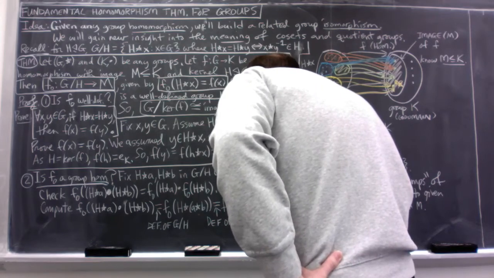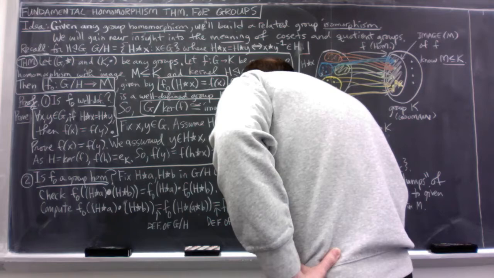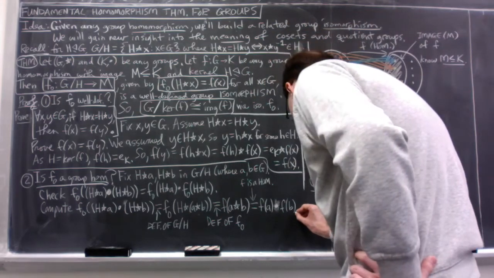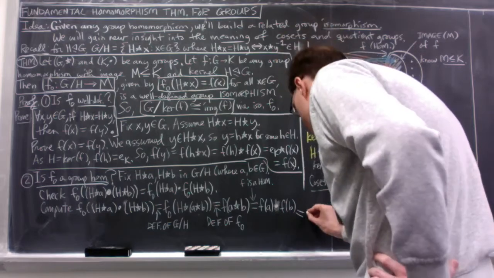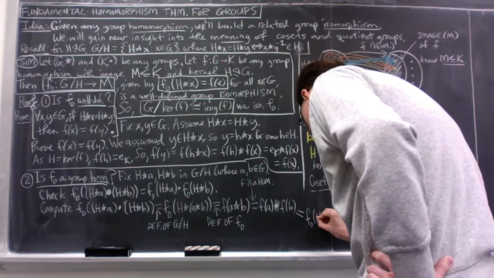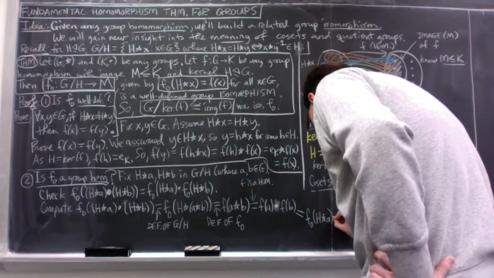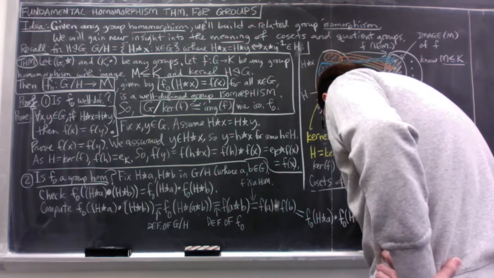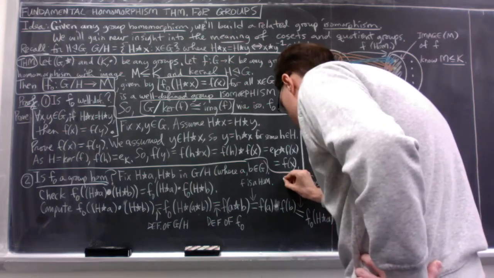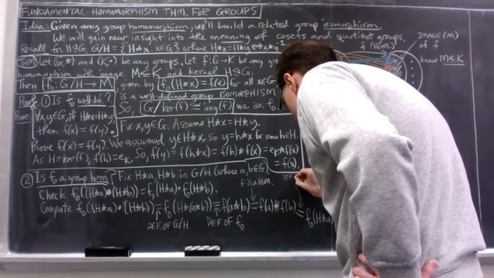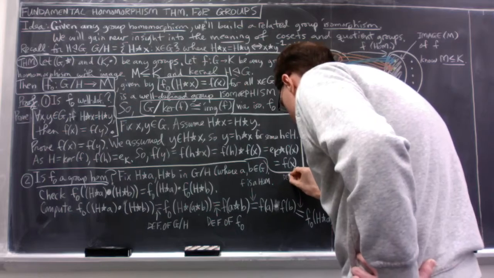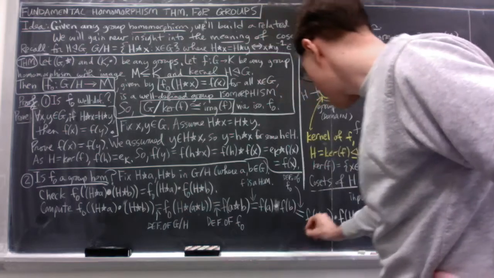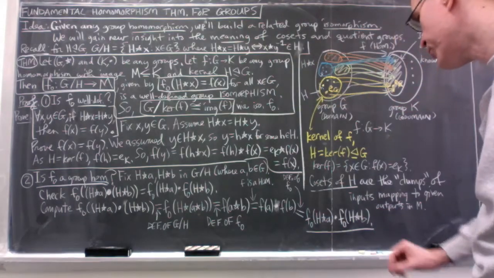Or rather dot, whatever the operation symbol is in K. And then finally, again by definition of f naught, that is f naught of h star a, that's f of a, and then we have dot f naught of h star b. So that's the definition of f naught. And we reached the other side of what we were trying to prove.